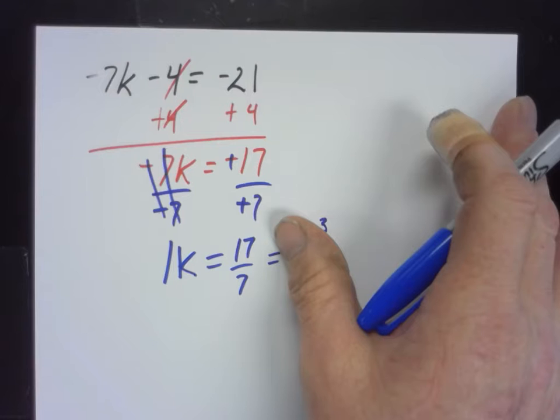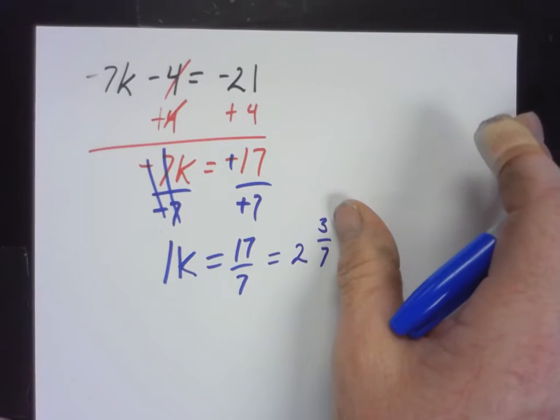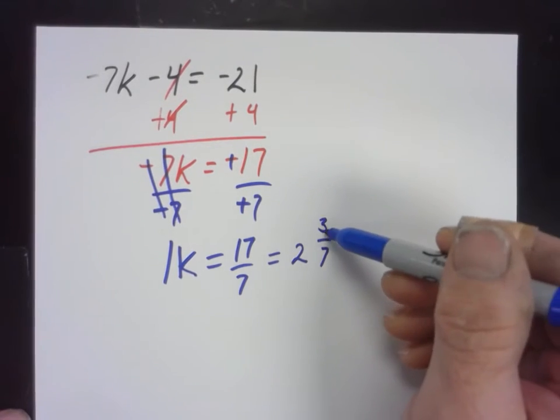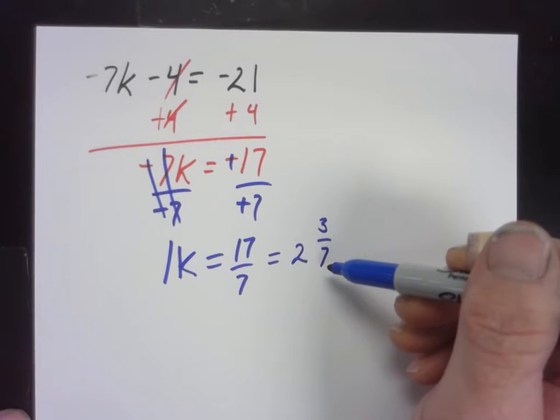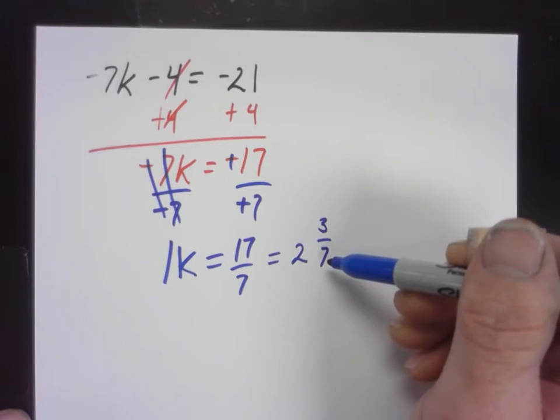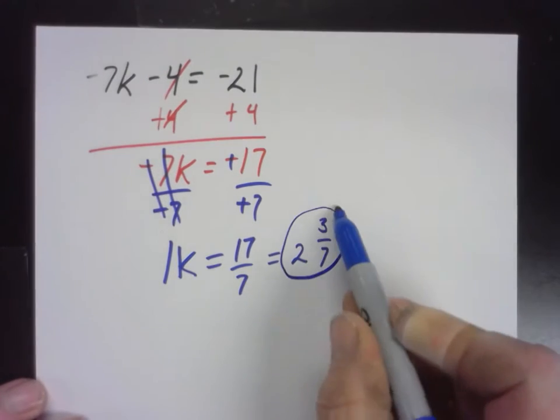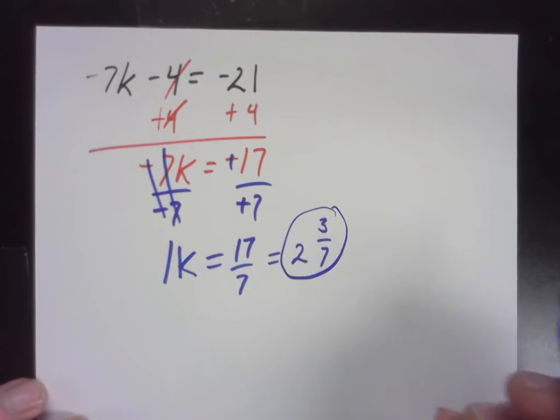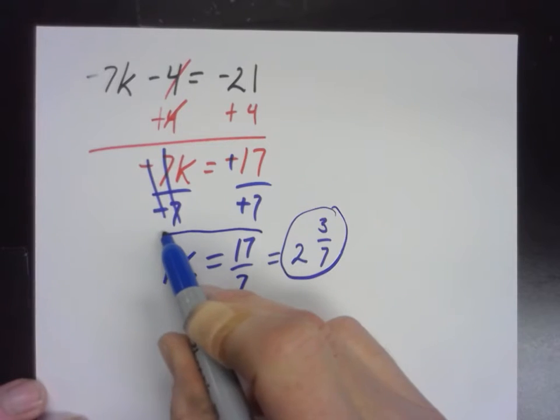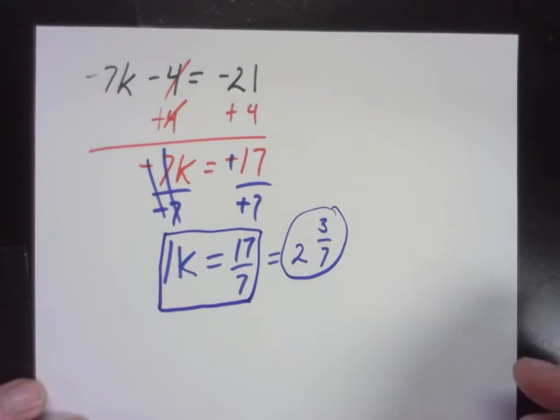Huh? Well, that's what I would say. But if they said 2 3/7, so a little less than 2 1/2, can we say that? A little less than 2 1/2? That at least makes some sense, doesn't it? Okay, so on a real problem, we want to give an answer, probably a mixed number like that, or a decimal. But for just practicing solving the equations, you can leave it as an improper fraction.